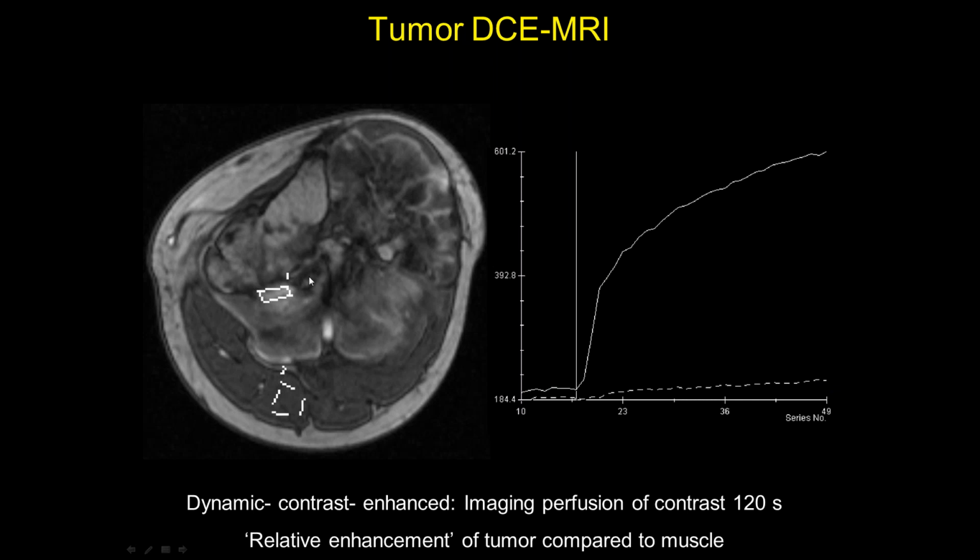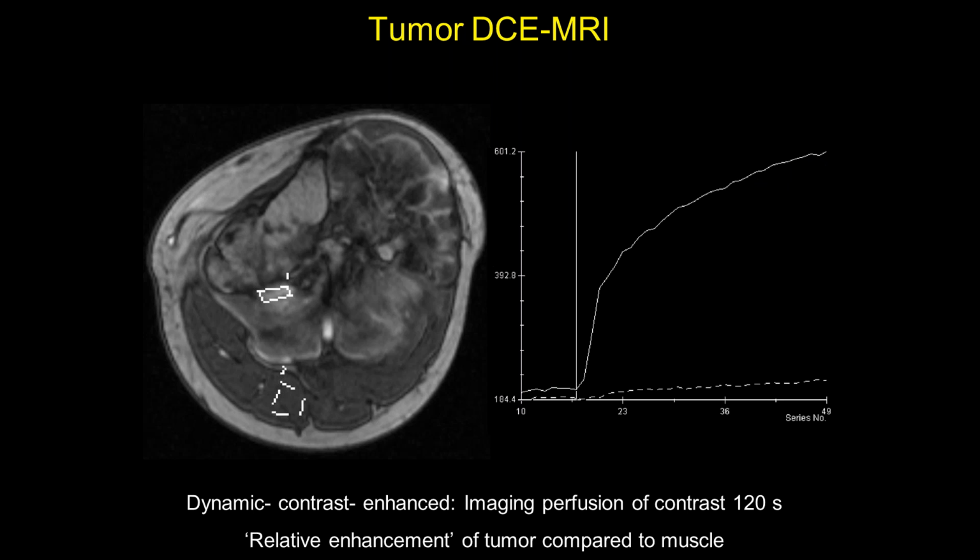On the other hand, we can see that the most active part of the tumor does show a very steep increase of signal intensity. Hence, there's a lot of feeding arteries, so the perfusion is really high. And we can see even later on that there's a lot of contrast still going towards the tumor.